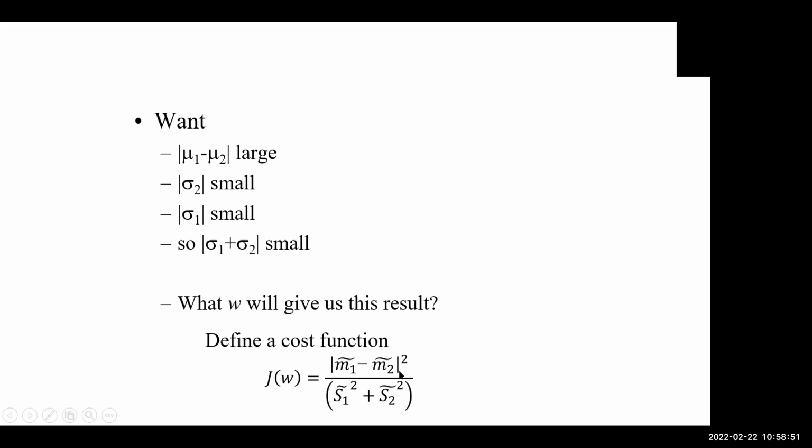The whole thing will become big. 1 divided by small is big. Sound vaguely familiar for something you heard someplace, ancient history? 1 divided by small is big. So we want this to be big. We want these to be small. So this ratio, we want it to be big.